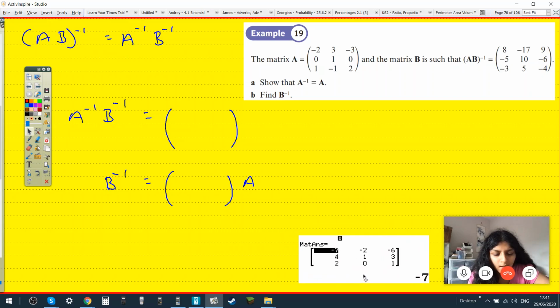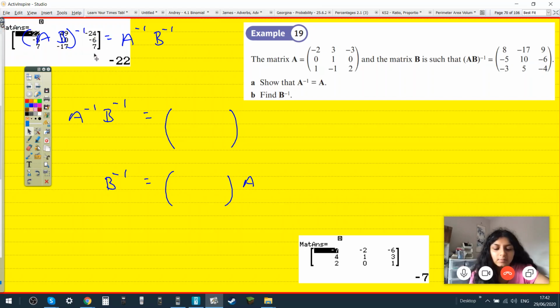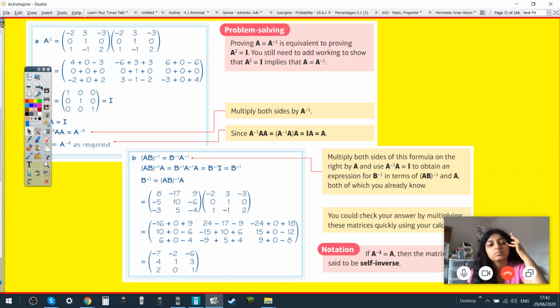I got B inverse is equal to minus 2249 minus 24. Okay, just one second. I just wanted to experiment with something. The middle row is weirdly the same. I wanted to check something, and I think I was right that A times B isn't the same as B times A. Yeah, that's why I got minus 2249. So I said we multiply both sides by A, or we do A to both sides essentially. But I'm just wondering.